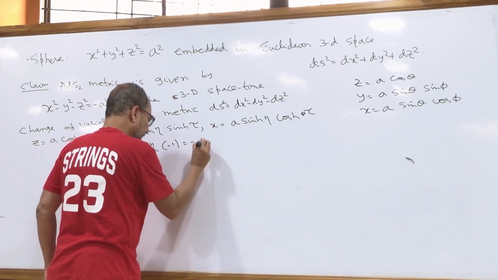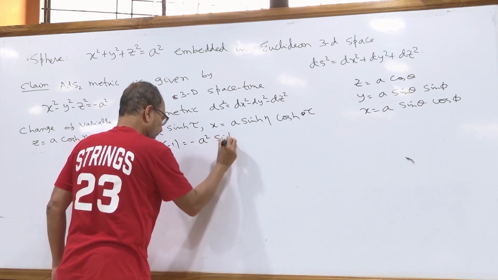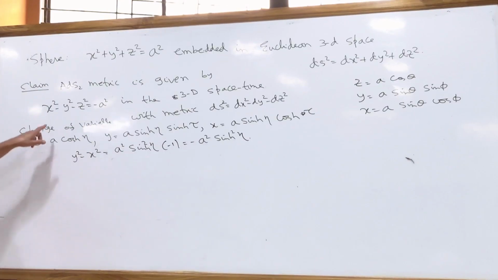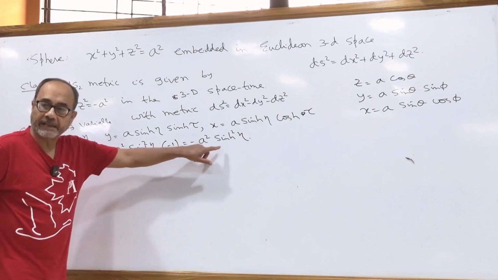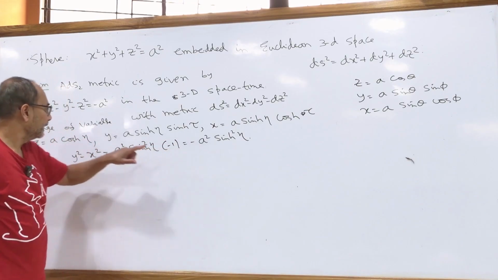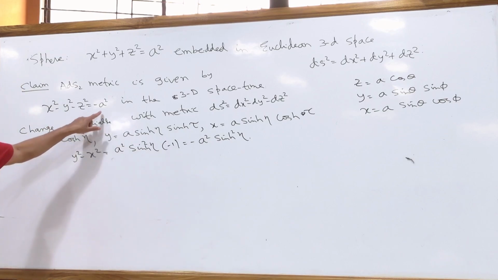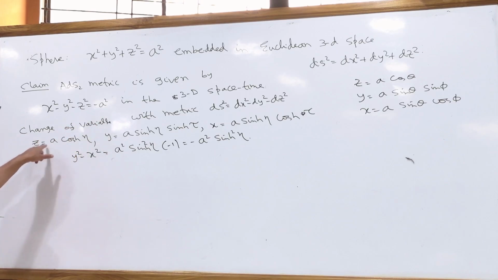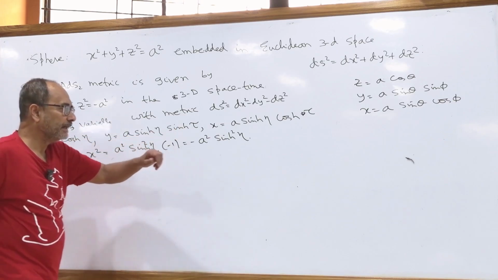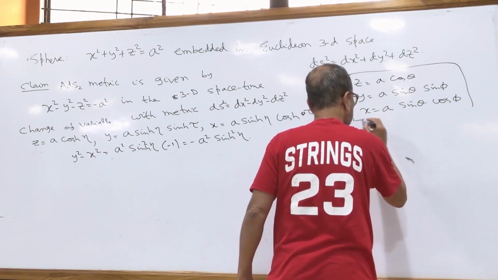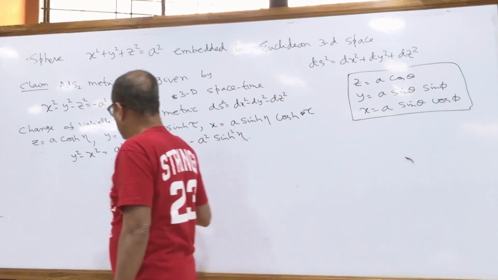So that is minus a square sin hyperbolic square eta. Here you have x square minus y square, right? So that gives you a square sin hyperbolic square eta, minus z square is a square cos hyperbolic square eta, and that is minus a square. So if you take these parameterizations, this is like the analog of this. What we have here for the sphere is what we have here.